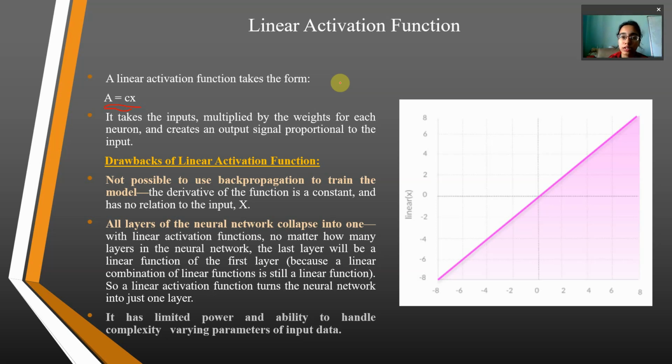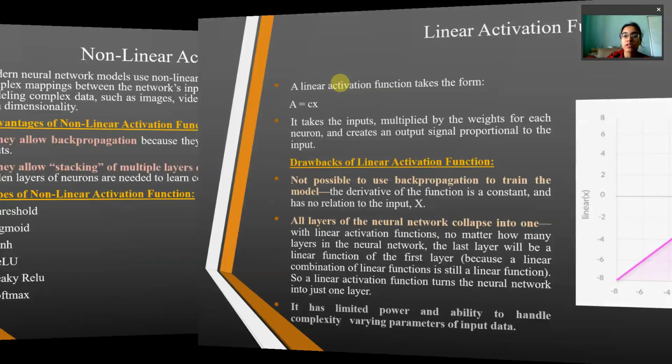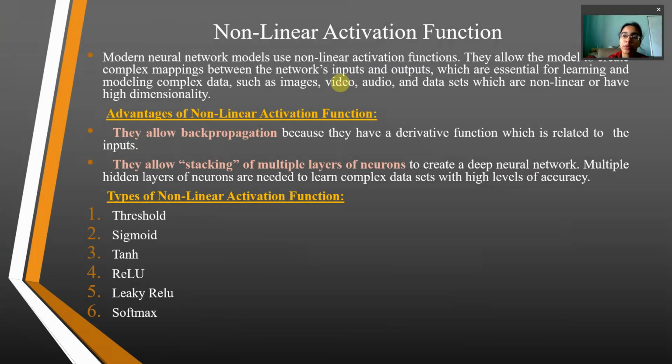For this, we use non-linear activation function in deep learning. So what is the non-linear activation function in deep learning? The non-linear activation function generally helps us to extract the complex features of the real world data, which are generally non-linear, and after extracting the complex features of this real world data, the network can perform the necessary training based on the complex features and can produce the output.